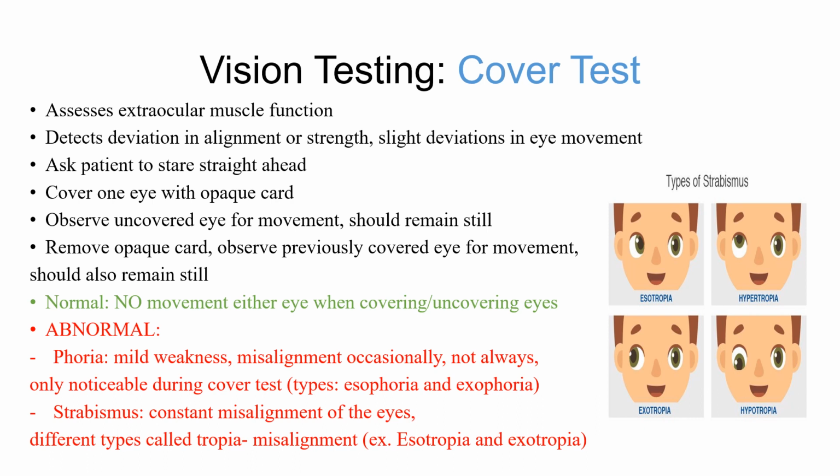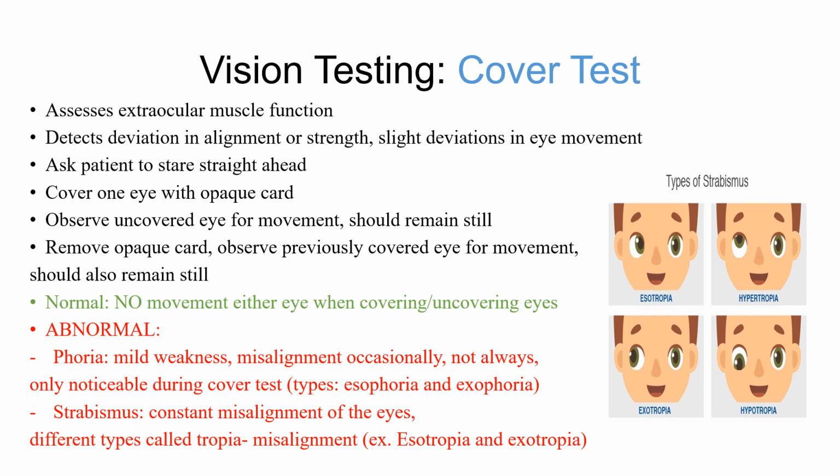So if there is malalignment in one eye and you cover the other eye, the eye that is malaligned may try to compensate and come to the center. So the expectation is that there's no movement in either eye when covering and uncovering, but an abnormal weakness or misalignment can be noticed. So esophoria, exophoria is the weakness.